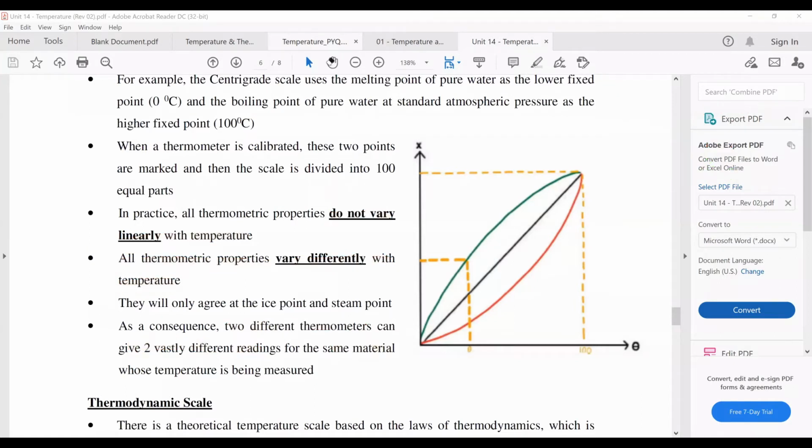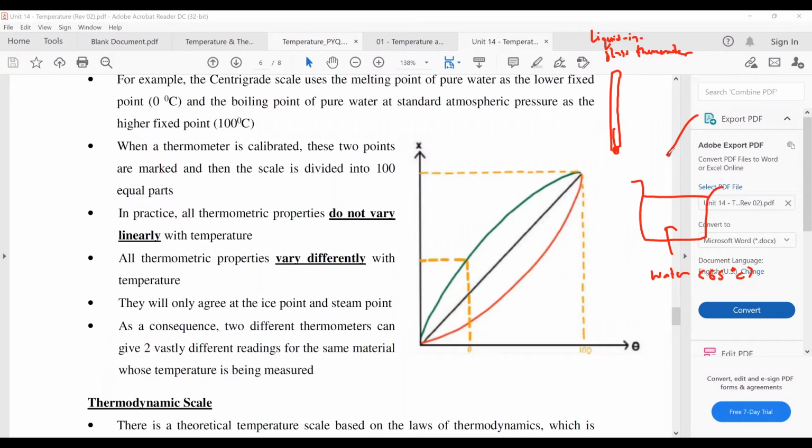If, for example, you have water at, say, 65 degrees centigrade, and I tell you you have a liquid in glass thermometer, and after that I tell you you have another thermometer, say a thermocouple thermometer.